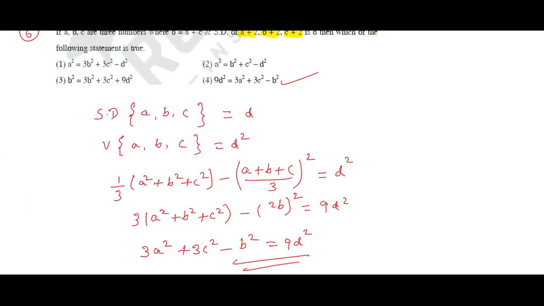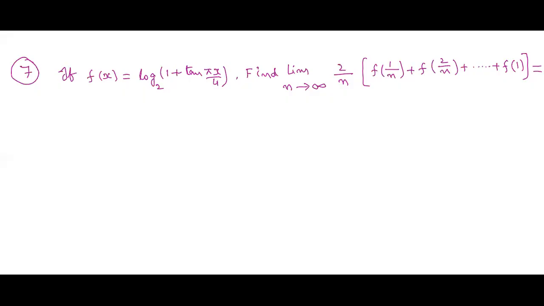Right, I'm going to another question. See this, indefinite integration. First, we need to find the summation. This is how to convert. That is equal to 2 by n sigma, what we can write, f of r by n, where r is equal to 1 to infinity.